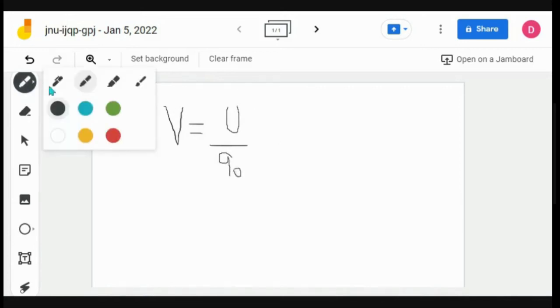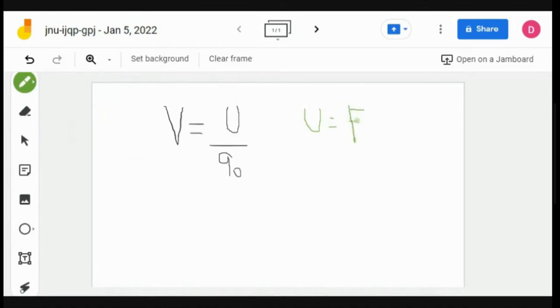Now, what do we know about the electric potential energy? Electric potential energy U, or the work done, is just F times D, or I'm more comfortable using R. This is U, electric potential energy U, or also work done, right?